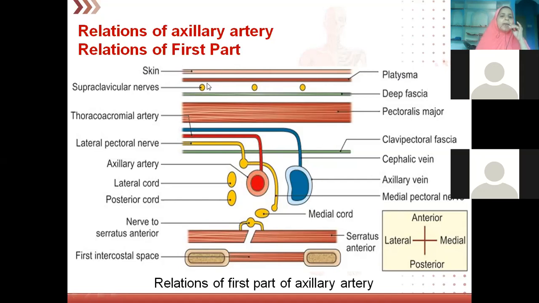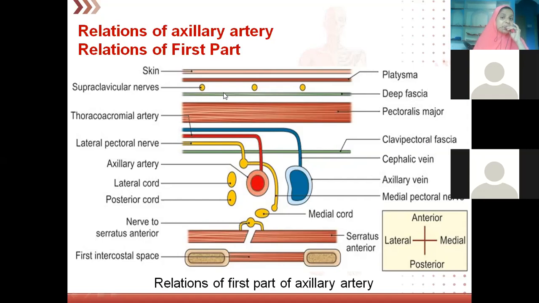Below platysma, we have supraclavicular nerves, then deep fascia. The fascia covering pectoralis major is also called deep fascia or pectoral fascia. Below pectoralis major is pectoralis minor, which is covered by the clavipectoral fascia.